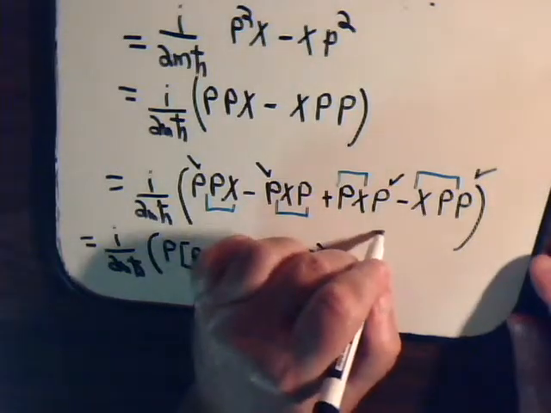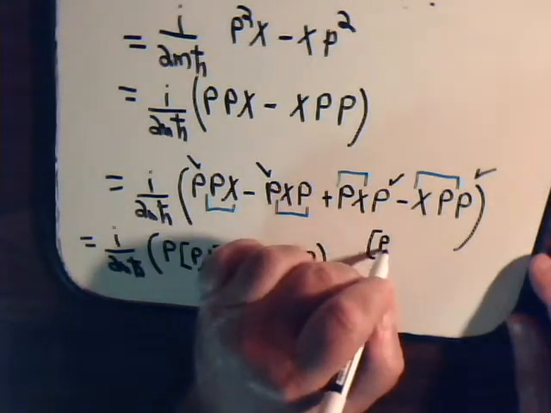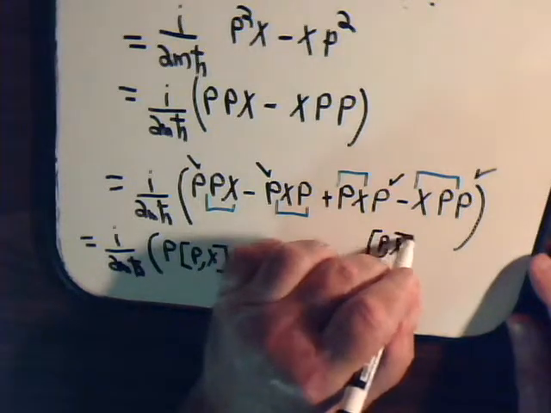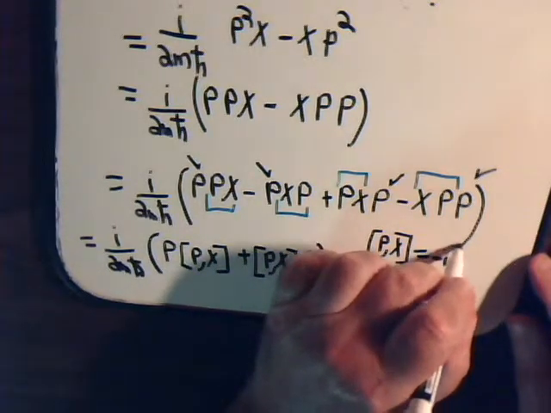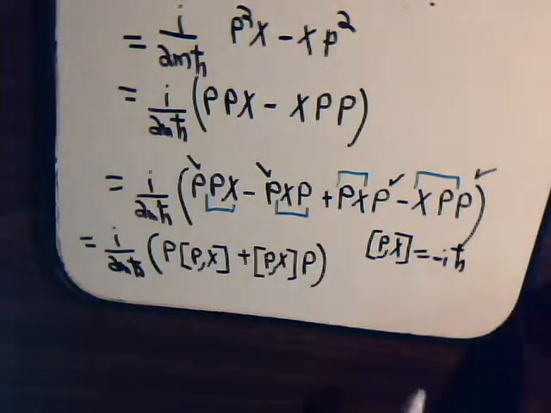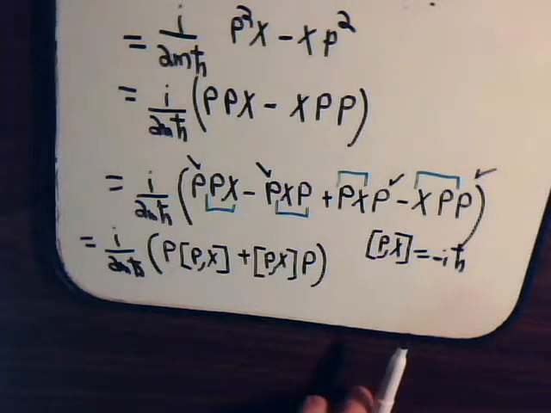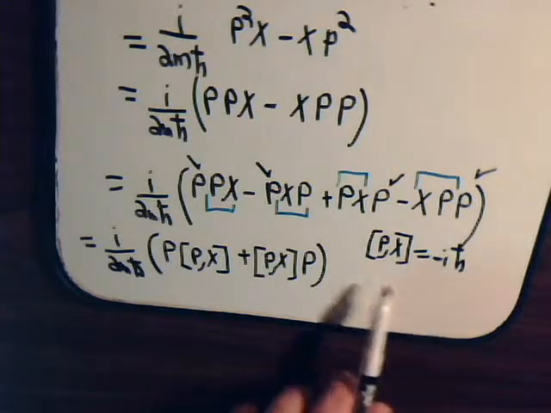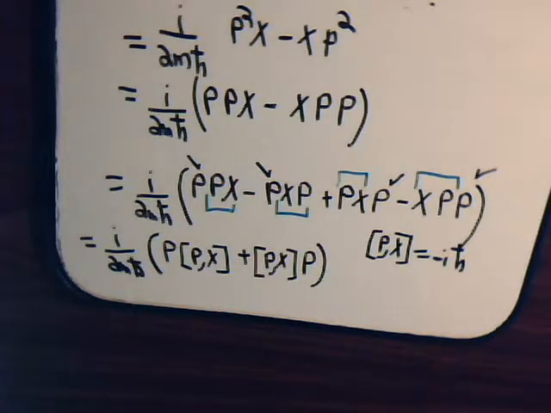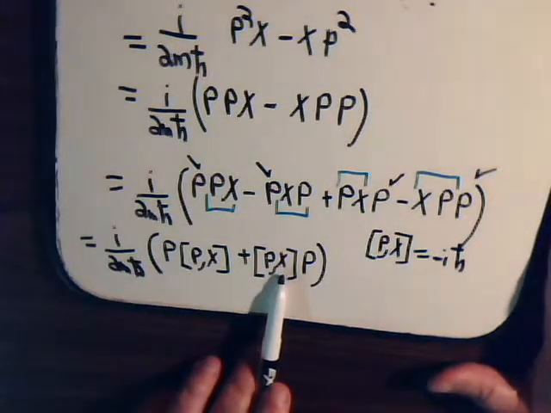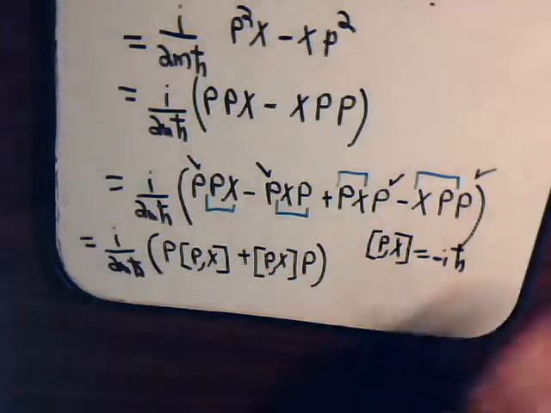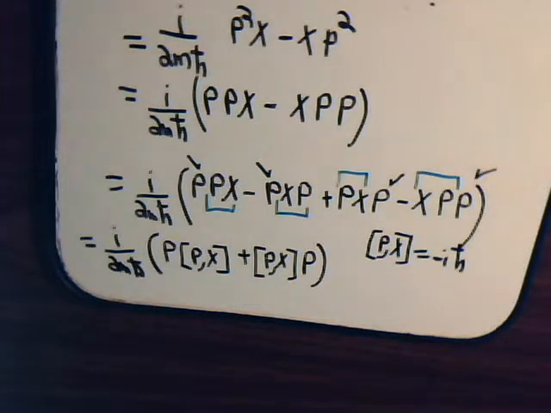The commutator of x and p is equal to minus i h bar. And that was, I think, in video number 18 that we derived that. So this is minus i h bar, and this is minus i h bar. So it's getting awfully messy.